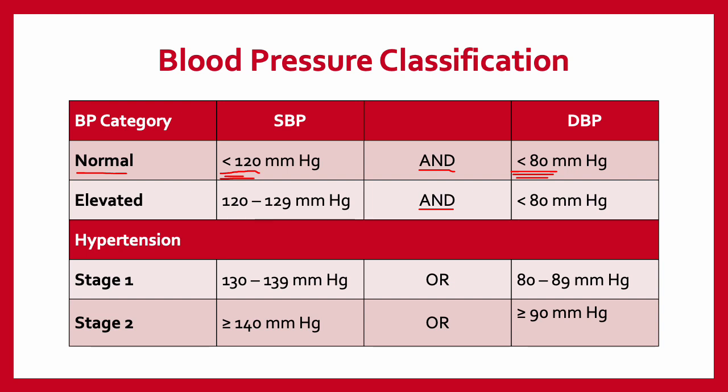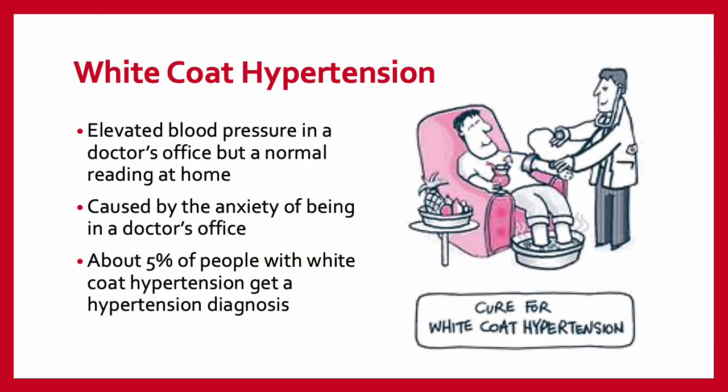Now, if we have hypertension, we divide that into stage 1 and stage 2, where stage 1 is between 130 and 139, or their diastolic is between 80 to 89. And for stage 2, we have anything above or equal to 140 and anything above or equal to 90 for the diastolic.